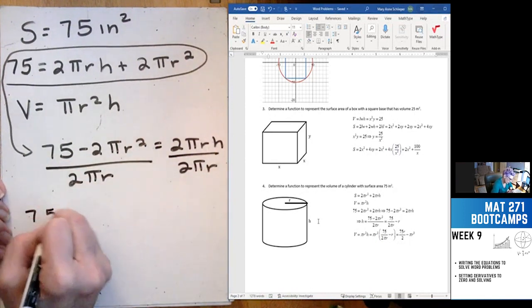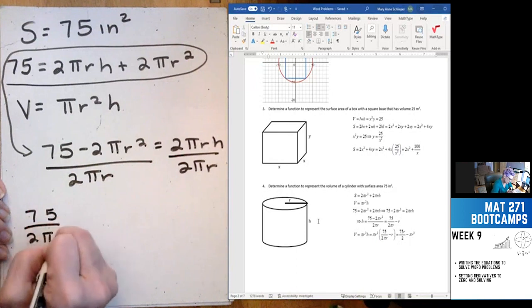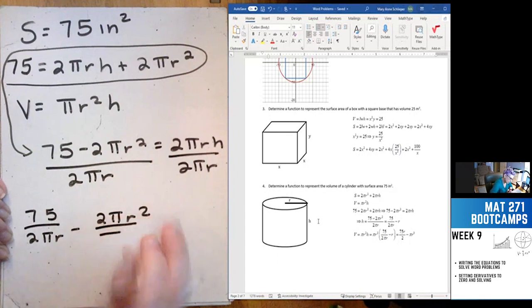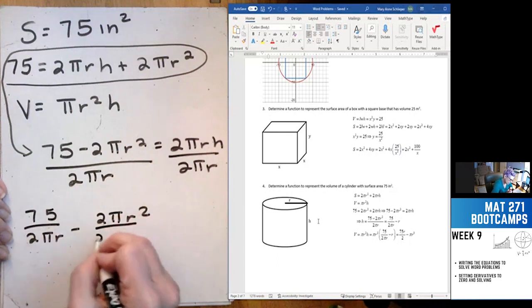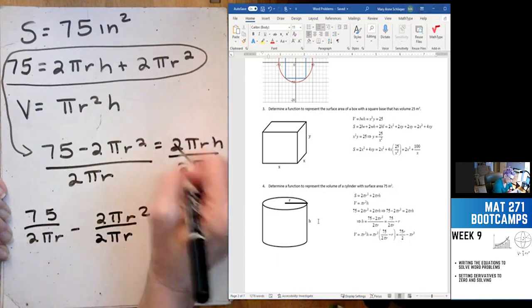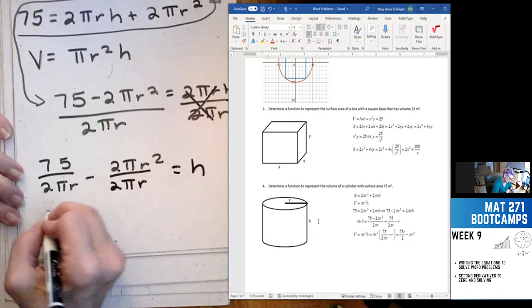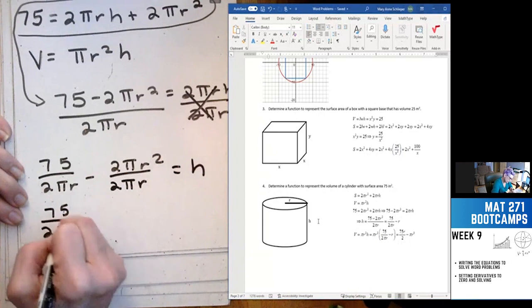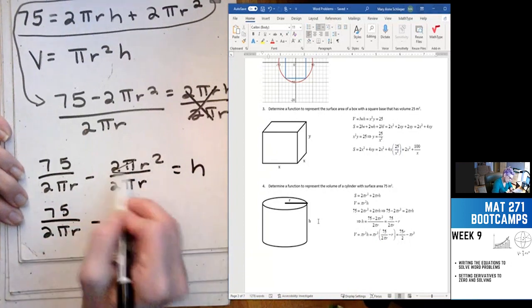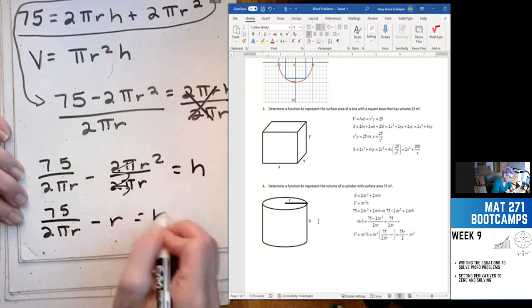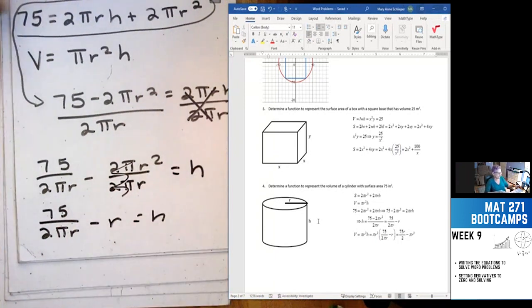So h equals 75 over 2 pi r minus 2 pi r squared over 2 pi r. So 75 over 2 pi r minus, all of that goes away, I'm left with just one r on top to represent h.